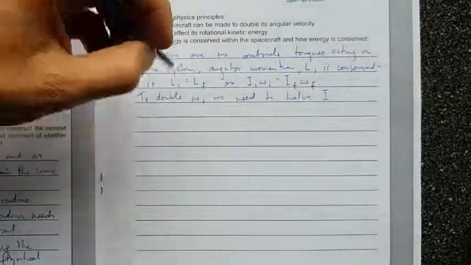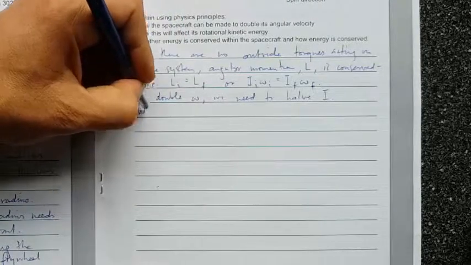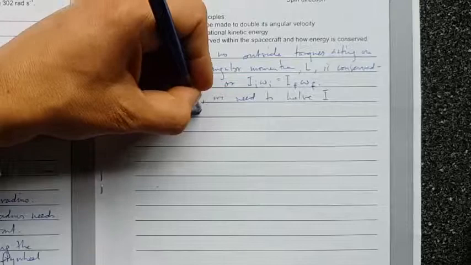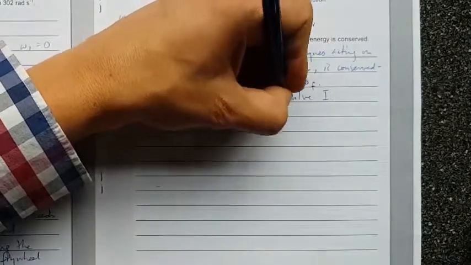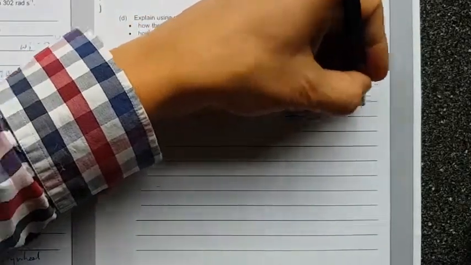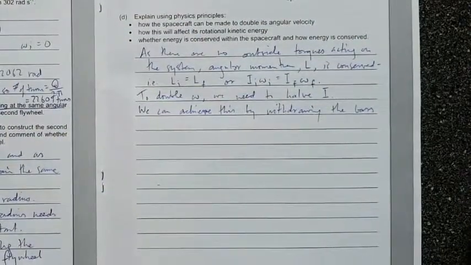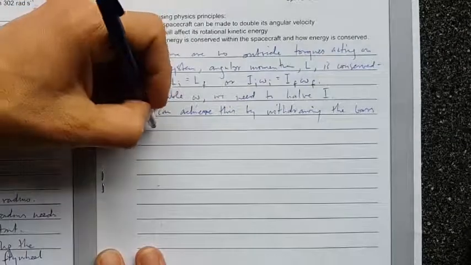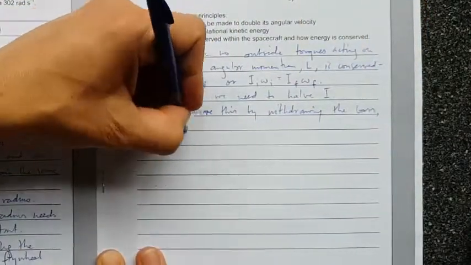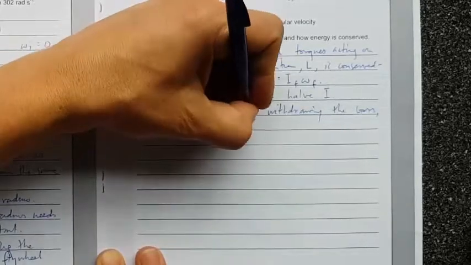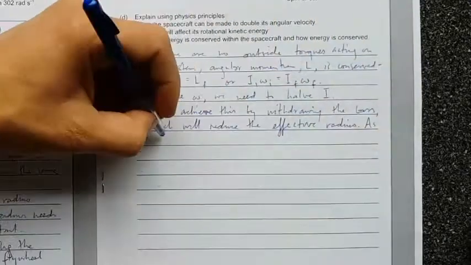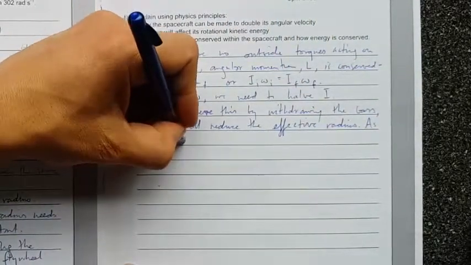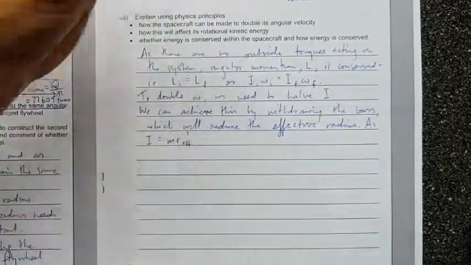So we can achieve this by withdrawing the bars, which will reduce the effective radius, as I is equal to m r effective squared.